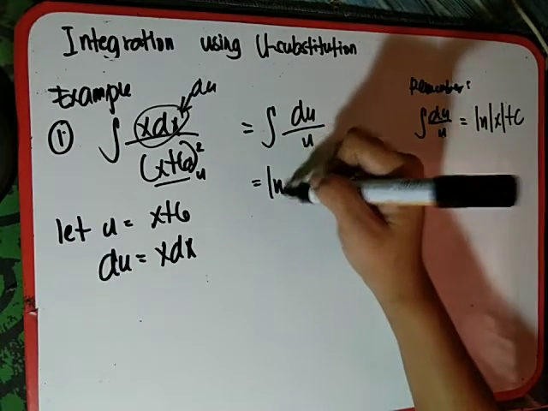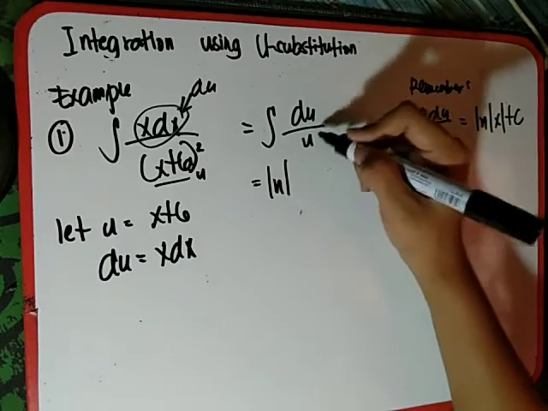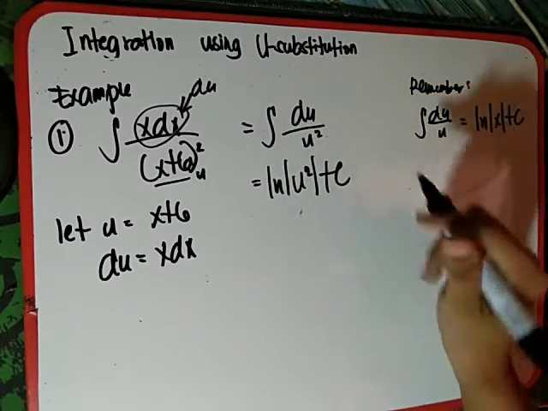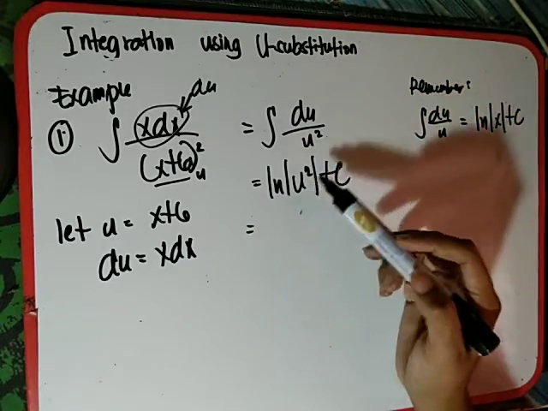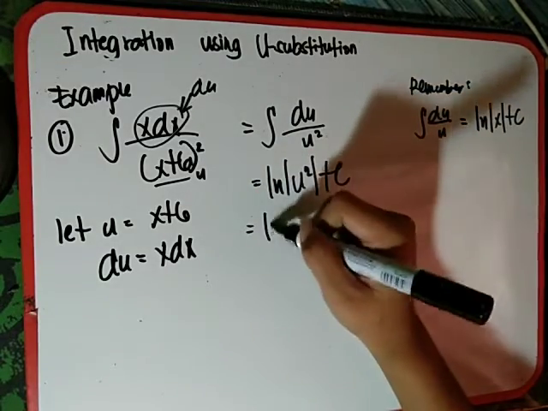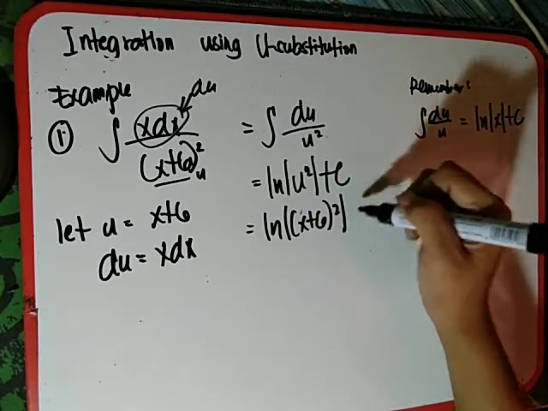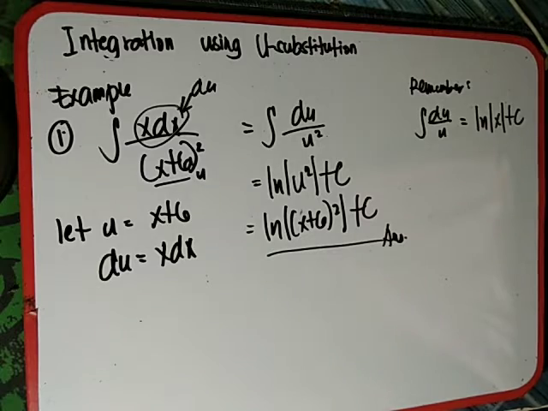So we have ln of u squared plus c. So we have to substitute u to x plus 6. So we have ln of x plus 6 squared plus c. So this is the final answer for our example number 1.